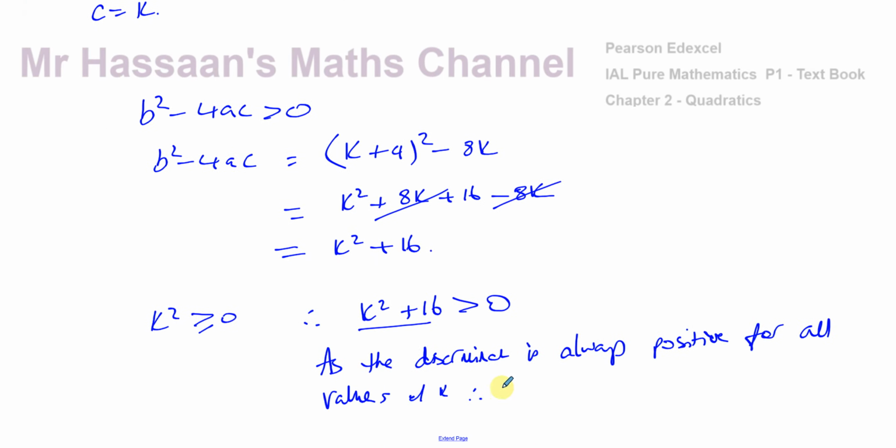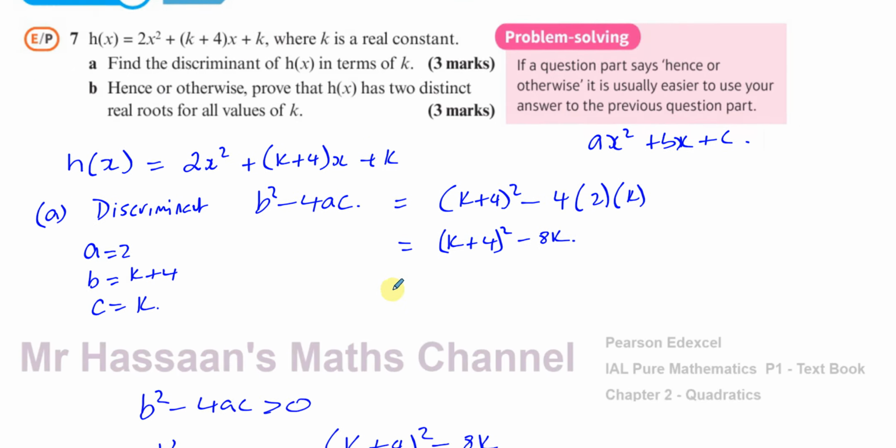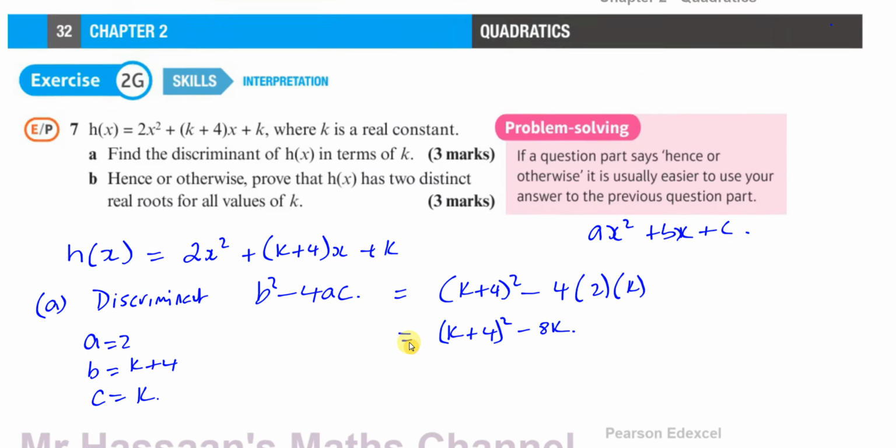So there are two real distinct roots for all k values. Not very good handwriting, but that's basically how you can prove that this has two distinct real roots.